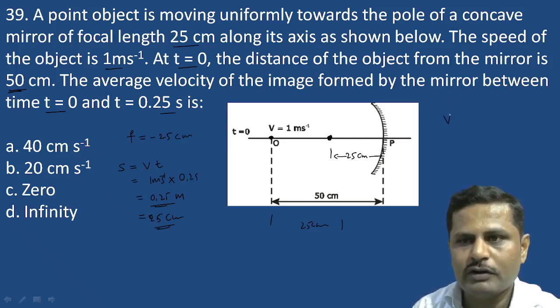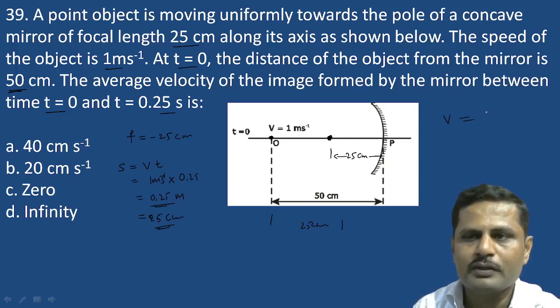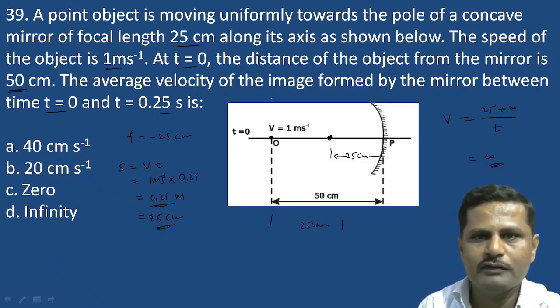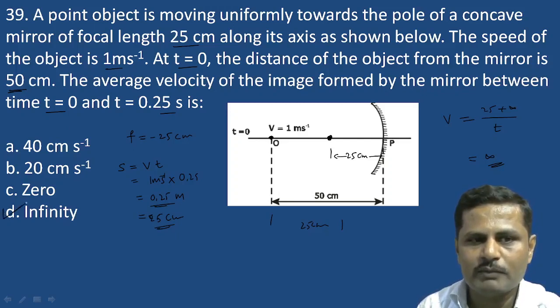So therefore, the average velocity is the distance, that is 25 centimeter plus the distance traveled by the image, which is infinity, divided by time, is equal to how much? Infinity. So therefore the average velocity of the image formed by the mirror between t equals 0 and t equals 0.25 second is infinity. The image is formed at infinity, so the velocity of the image will be infinity.